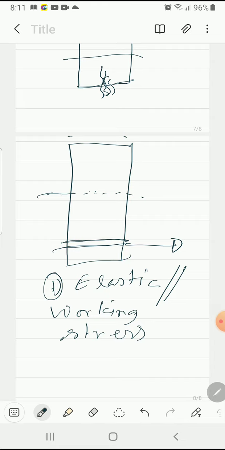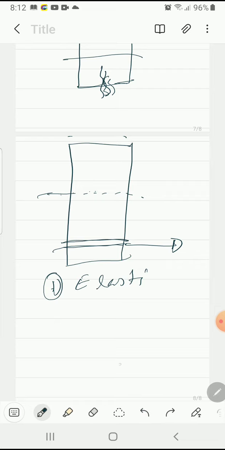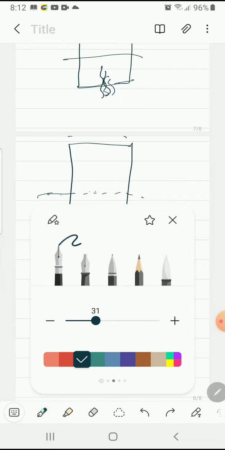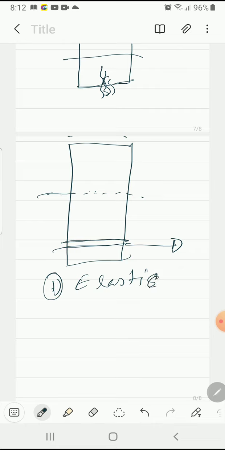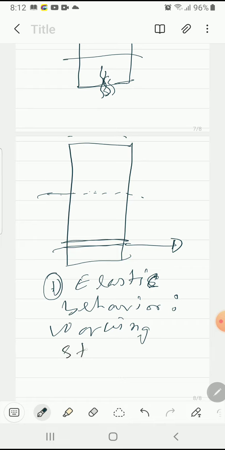Okay, sorry, elastic, and based on this elastic behavior, working stress design is done.